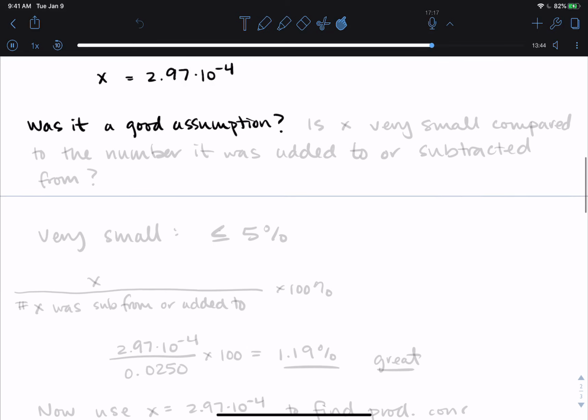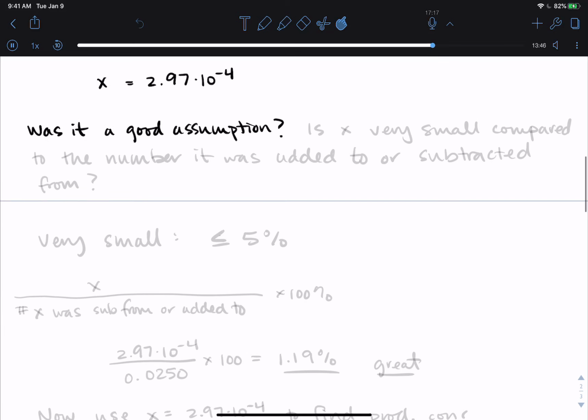The way to test this is to see if x is very small compared to the number it was being added to or subtracted from.